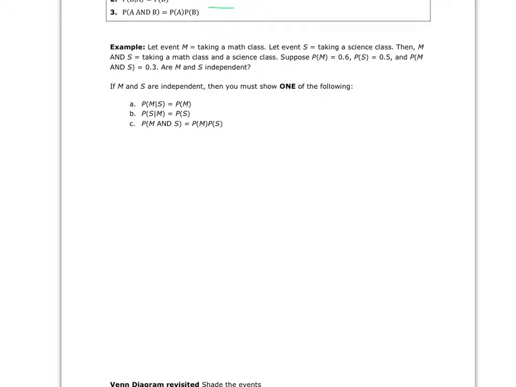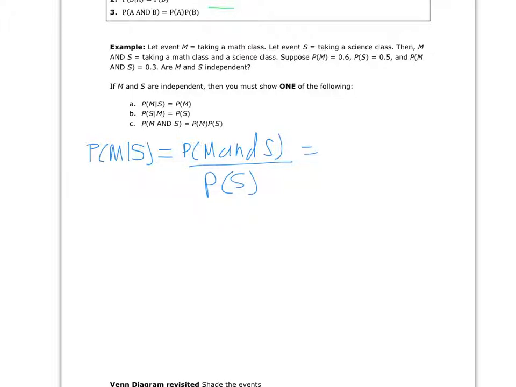Okay, so let's look at the first one and figure out what the probability of M given S is. Just a little refresher, this is going to be the probability of M and S over the probability of, hopefully you're thinking it, S. So plugging in the values given to us, we get 0.3 over the probability of S, which is 0.5.